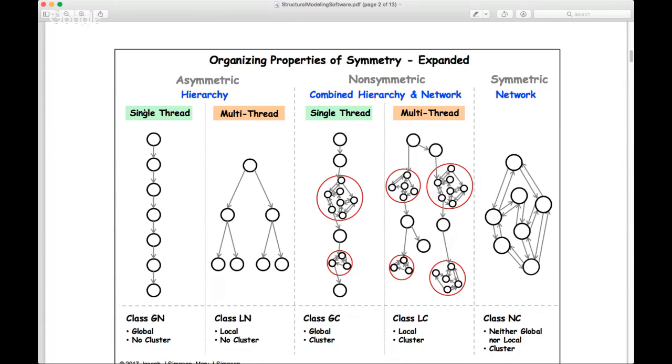Similarly, the multi-thread, once the clusters are condensed, wind up looking like a multi-thread in the hierarchy.